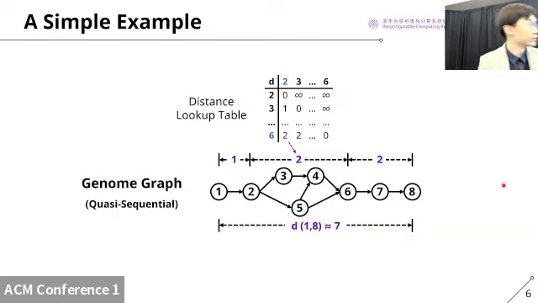When we are dealing with quasi-sequential genome graphs, we can either make quite exact approximations using the subtraction method, or we can employ some lookup table tricks to get exact results without doing the graph traversal. So we can access on-chip scratchpad memory or lookup tables.